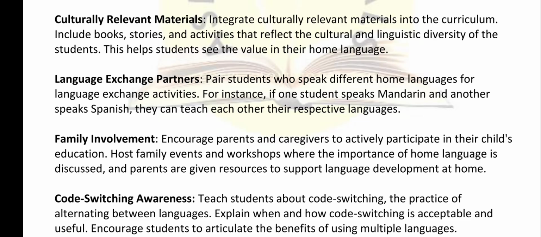Language exchange partners: pair students who speak different home languages for language exchange activities. For instance, if one student speaks Mandarin and another speaks Spanish, they can teach each other their respective languages. Now you see, in a school we have diversity. Bengali speaking, Khasi speaking, Garo speaking, Assamese speaking, Bihari speaking, Nepali speaking. So all these students are there in our classroom, right?